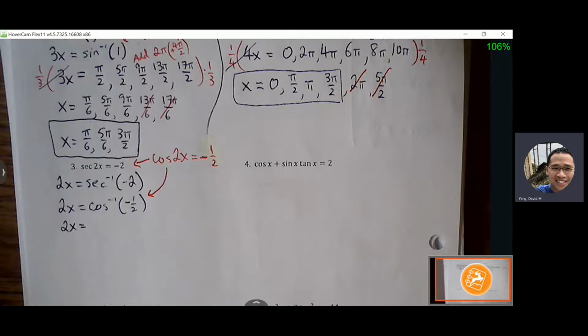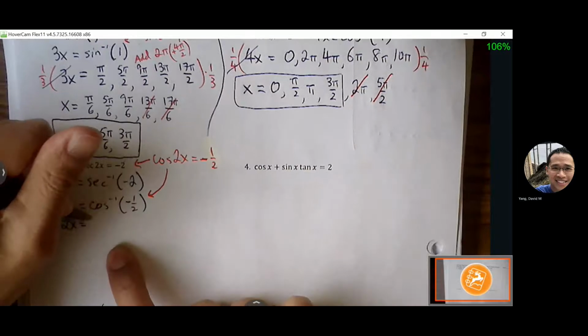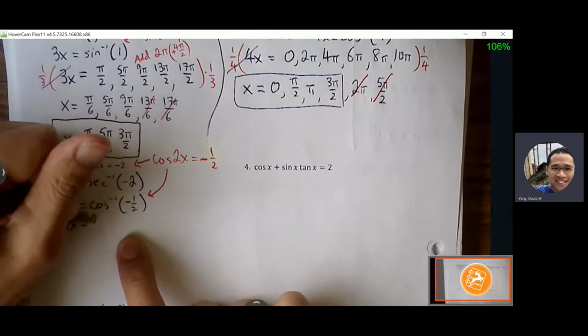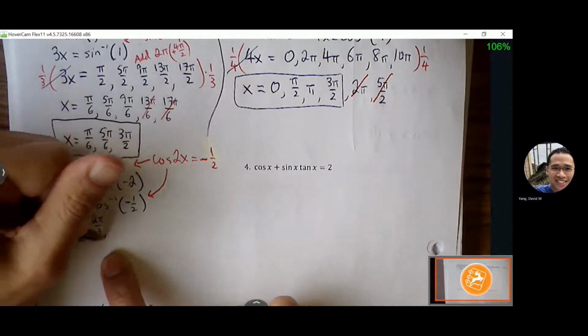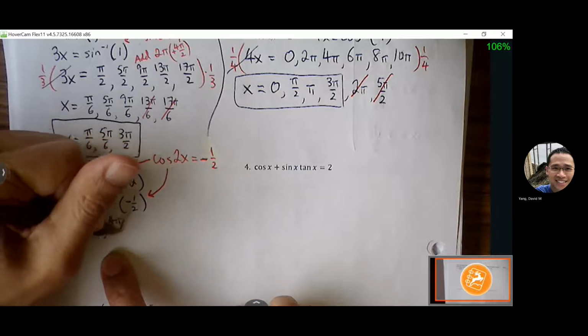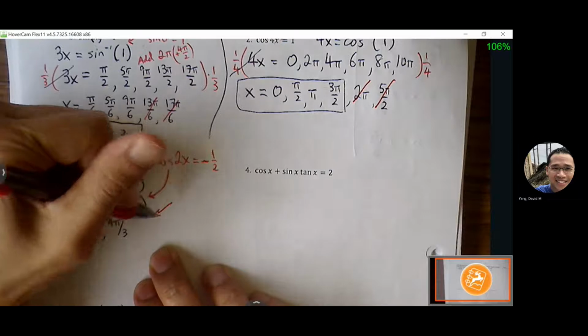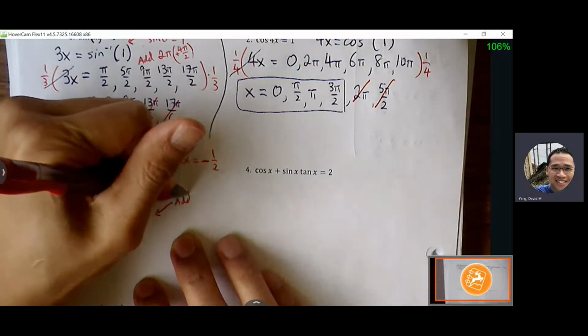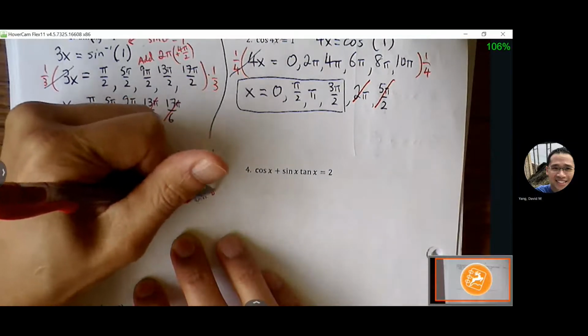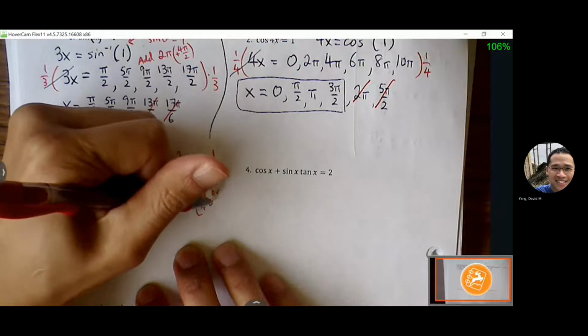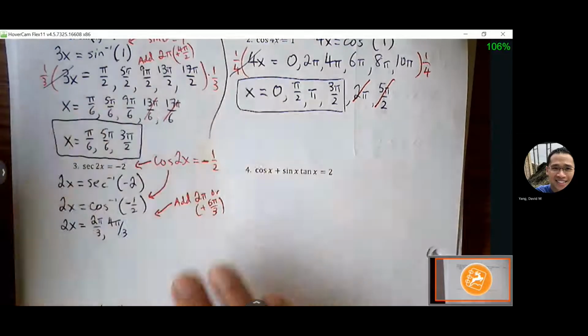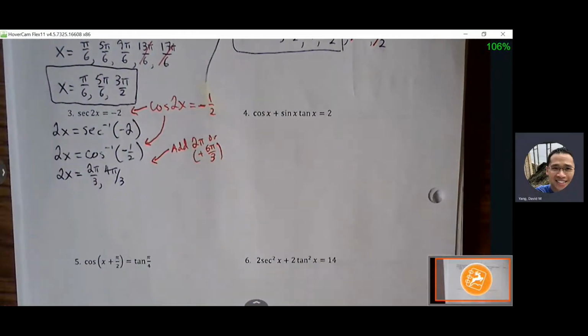Second and third, okay. Variations of pi over 3. Add 6 pi over 3 a couple of times to those measures.